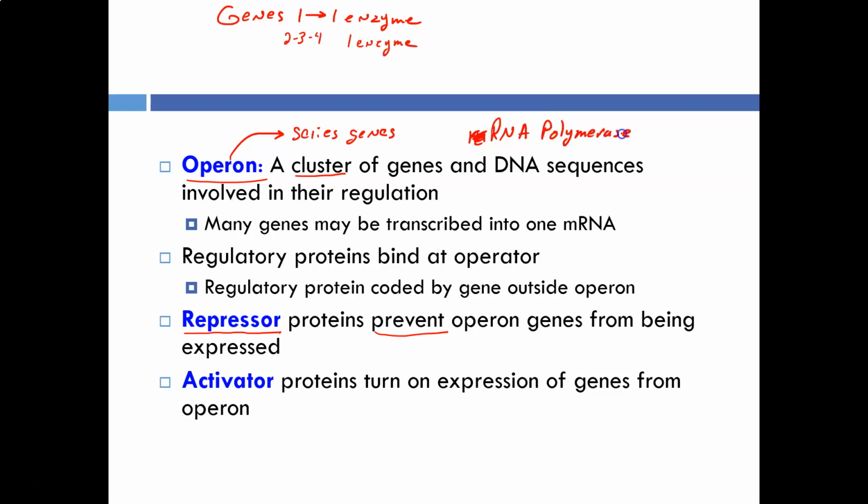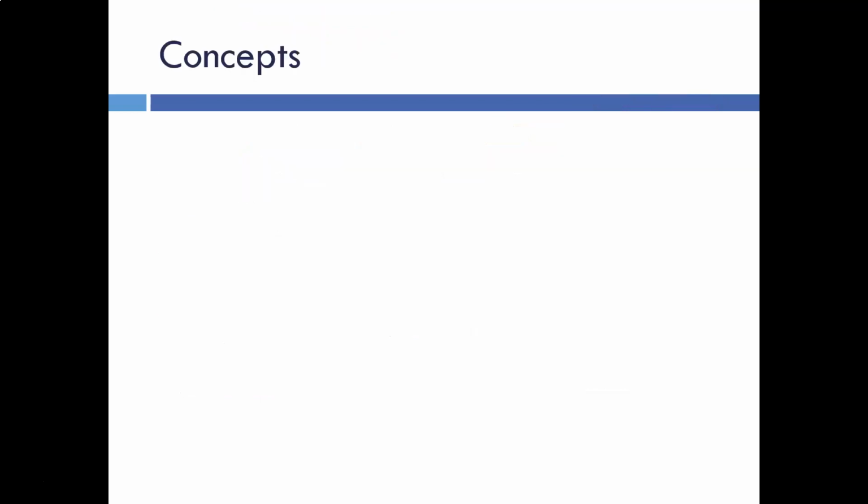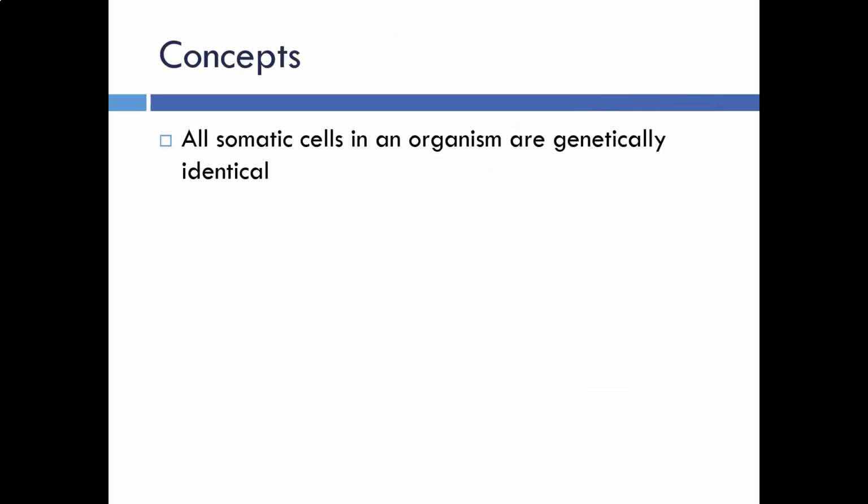This is the enzyme that takes the DNA through transcription, so we make messenger RNA. But we're going to have these repressor proteins to serve as a stop sign that will either prevent this polymerase from going or allow it to go. And what is going to regulate those repressors are these things we call an activator.